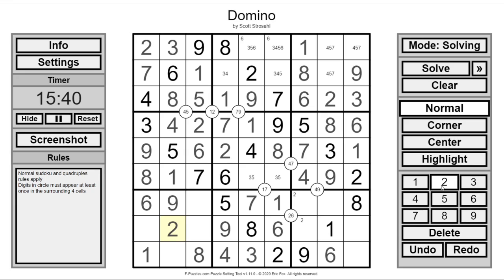Twos, we know that's a 2. And then that's a 2. That's all the 2's done. Now we got 3's to look at. So that's a 3. That's a 3.